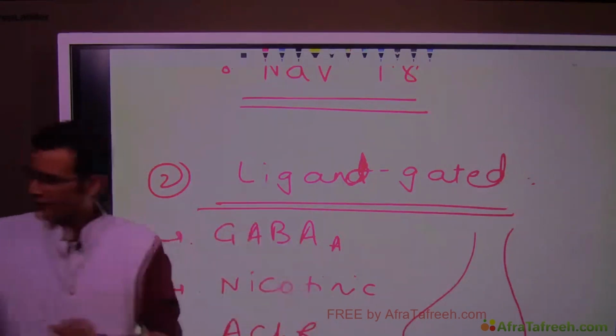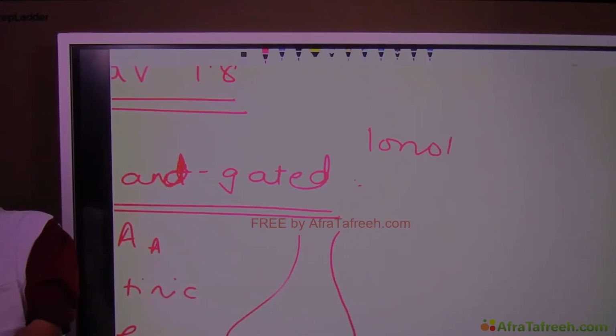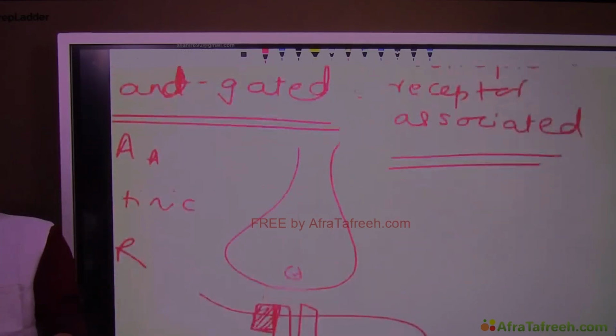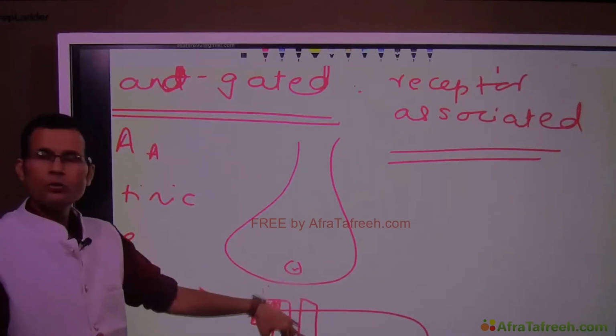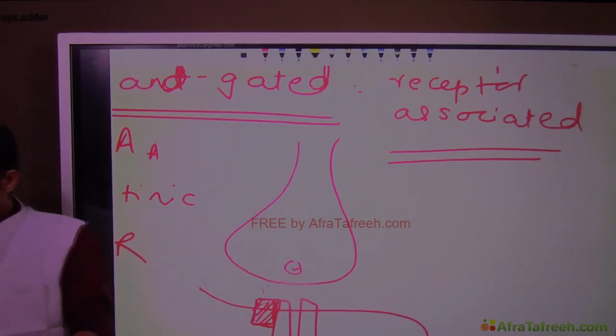The ligand gated channels have been called ionotropic receptor associated channels. It has a very simple and fast mechanism: the ligand combines with the receptor, the channel opens, and the ion movement will occur. Very straight, fast and simple.